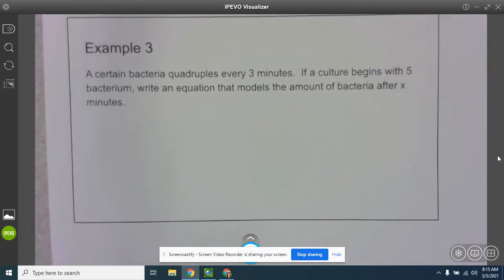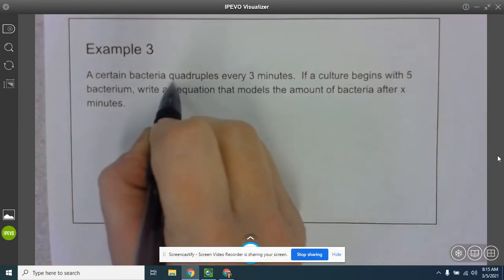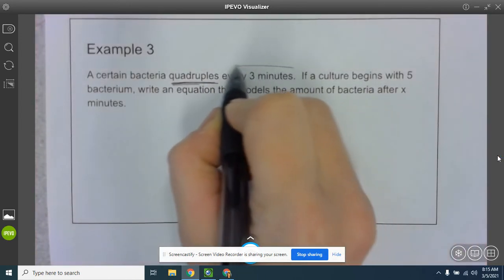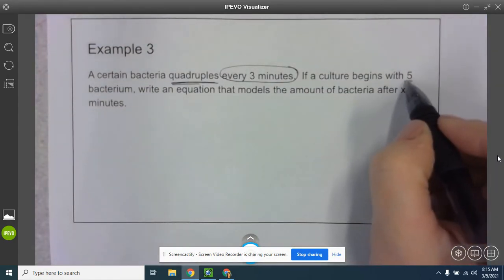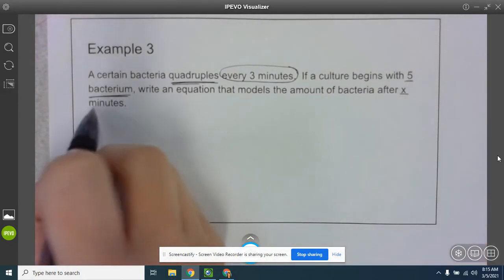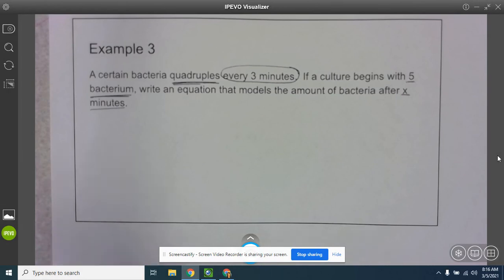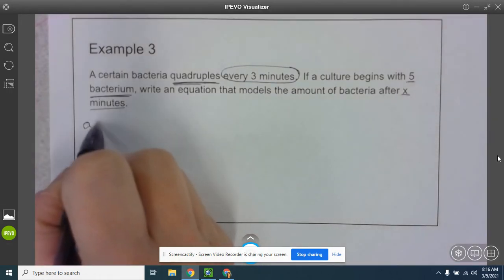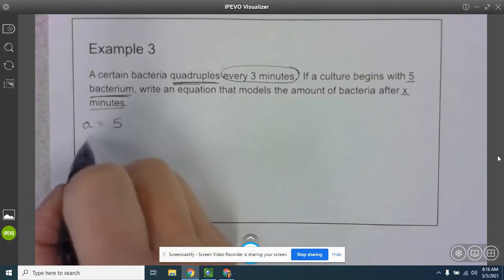So our example for this one: a bacteria culture is quadrupling every 3 minutes. This culture is beginning with 5 bacterium, and I want to write an equation that models for x minutes. My beginning is 5 bacterium, so A is 5.